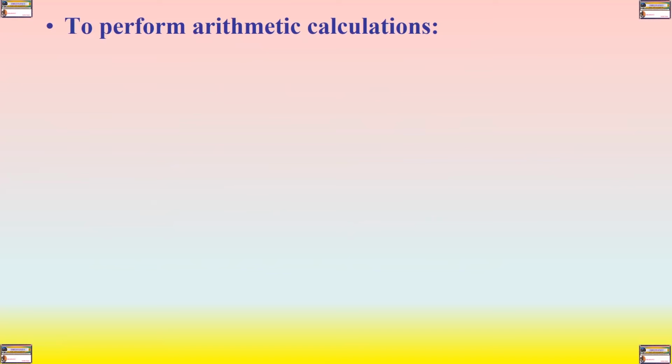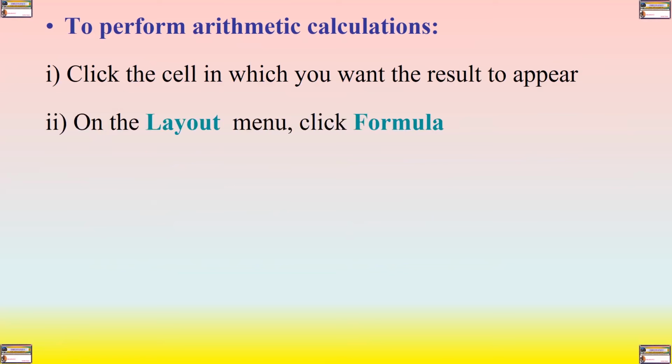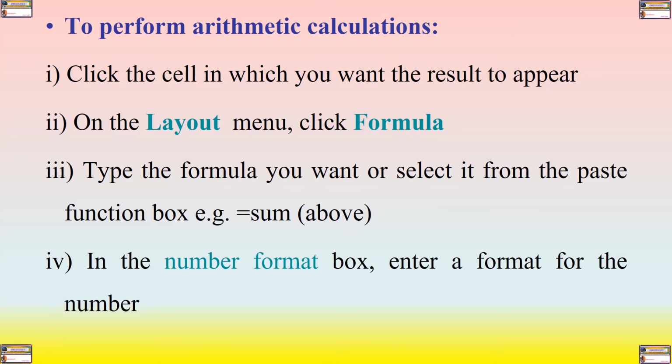To perform arithmetic calculation, you click the cell in which you want the result to appear. And then on the layout menu, you click formula. You type the formula you want or select it from the paste function box, for example, equals to SUM(ABOVE). Then in the number format box, enter a format for the number, and you click OK.